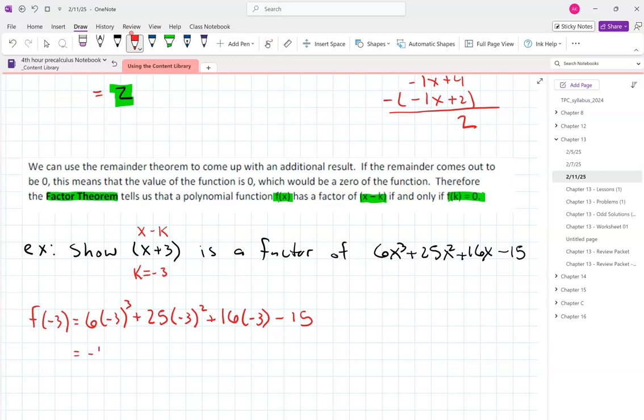It's negative 162 plus 225 minus 48 minus 15, which is equal to 0.